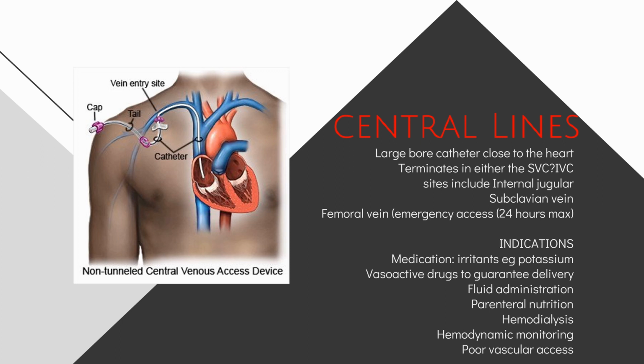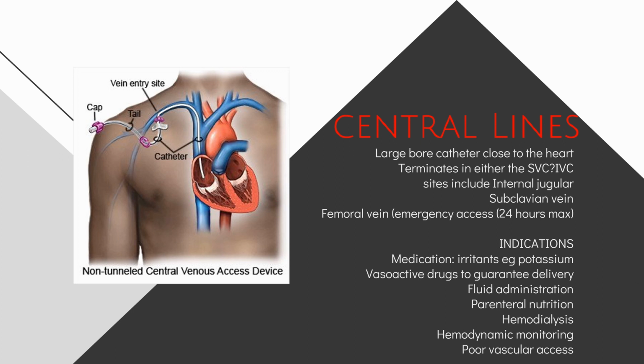So we can use either the internal jugular, the neck, subclavian vein, or in some instances even the femoral vein, and those are the ones that end in the IVC. Unfortunately, those values are not too reliable, and of course the waveform will be heavily impacted by not being close to the right atrium.